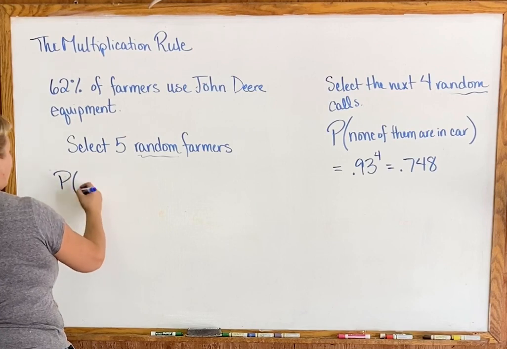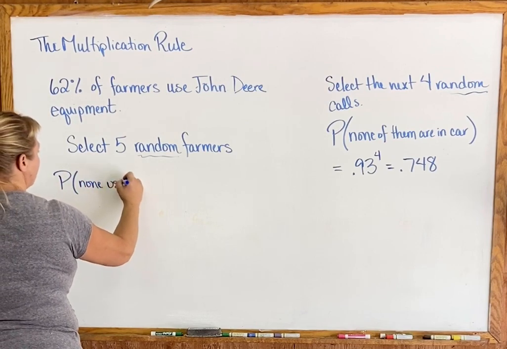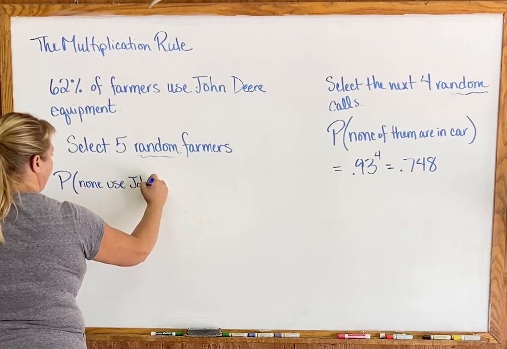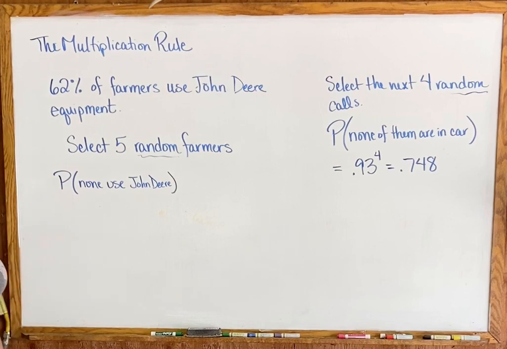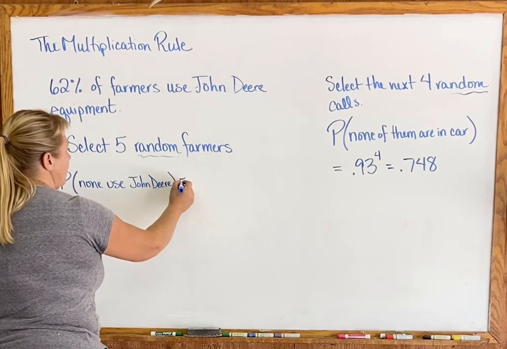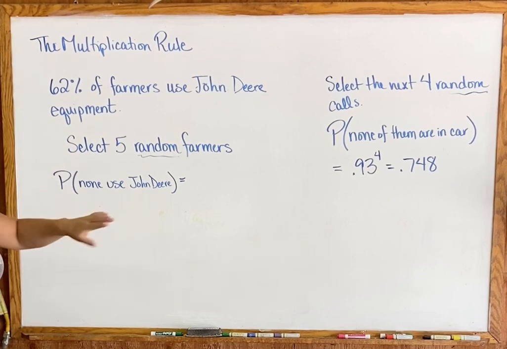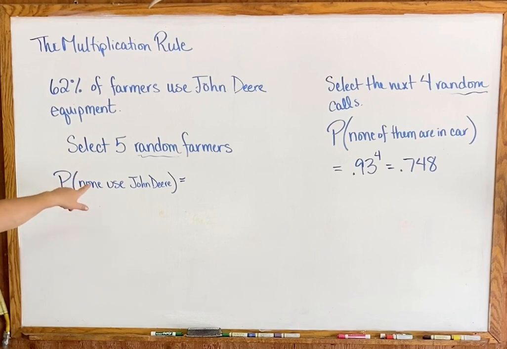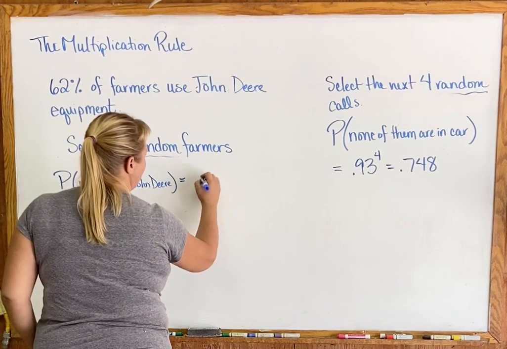First, we want to find the probability that none use John Deere. So remember, this is a 62% chance that they do use John Deere. So I'm asking you for the complement right off the bat, right? Okay. So if there's a 62% chance they do, then the leftover would be 38, right? So we're going to have 0.38.